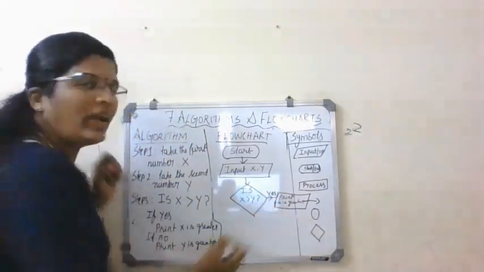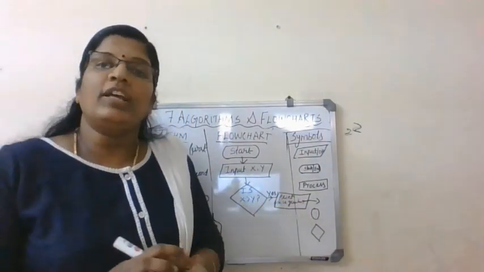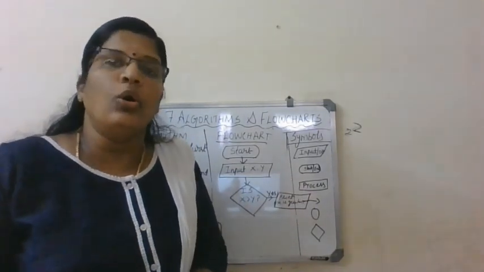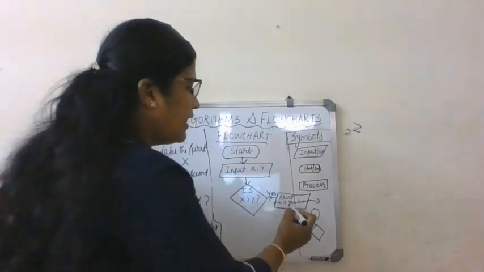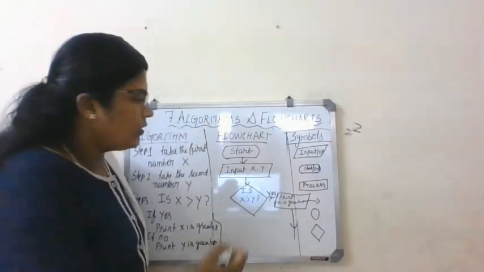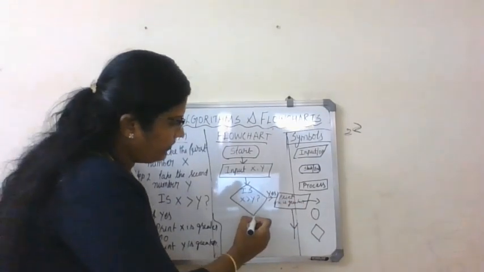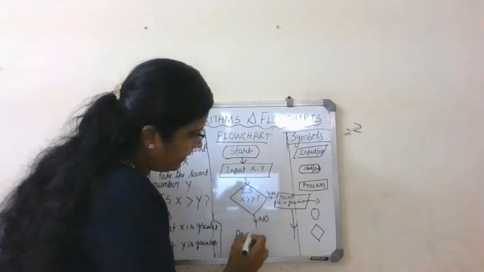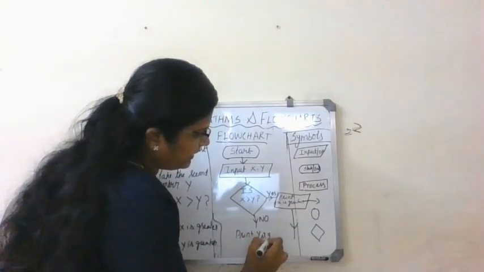Okay. So when x is greater, does the program still continue? No, right? It is over. The program is over, right? So from here we have to say end. And if it is no, then we have to print y is greater.